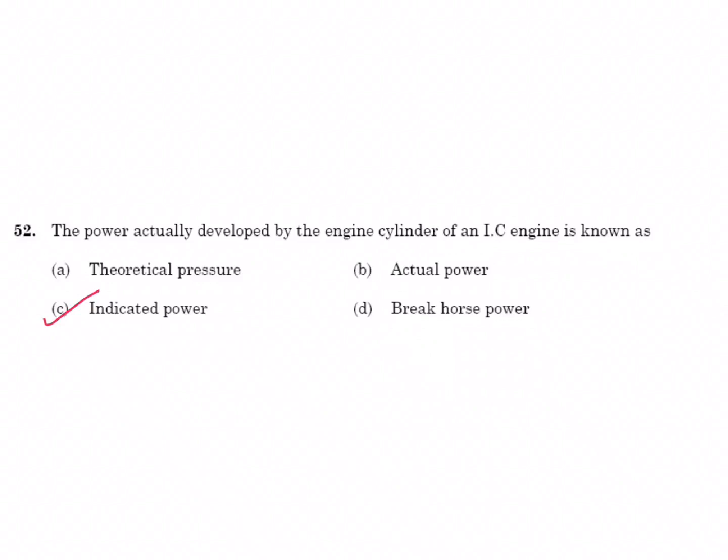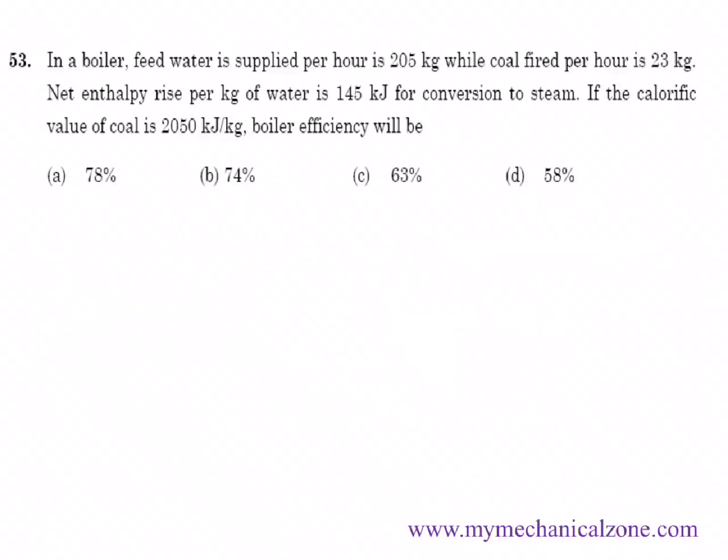In a boiler, feed water is supplied per hour 205 kg, while coal fired per hour is 23 kg. Net enthalpy rise per kg of water is 145 kJ for conversion to steam. If calorific value of coal is 2050 kJ per kg, boiler efficiency will be how much? So output by input.